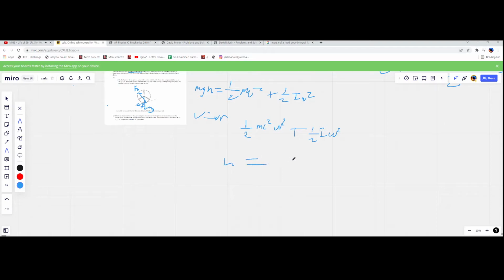So H is just equal to 2mg on the bottom, 1/2. Oh, oops.